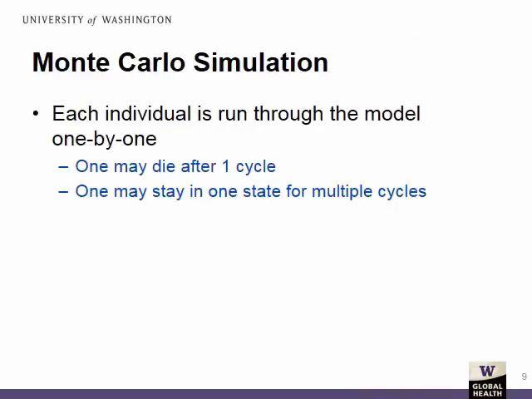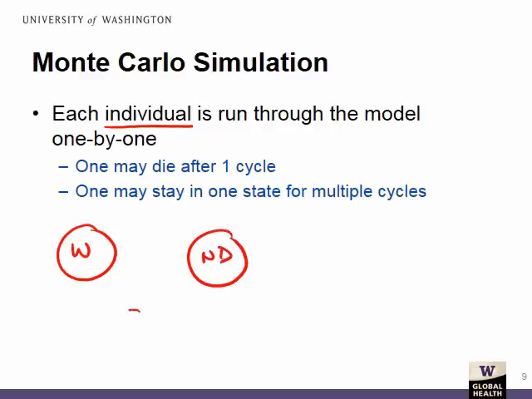We won't go through an elaborate example, but each individual is run through the model one by one. So if you have a Markov model, and you have well, and you have nodding disease, and you have the dead state, an individual in one cycle might go from well to dead. Maybe they are hit by a bus. But others might also go through nodding disease.